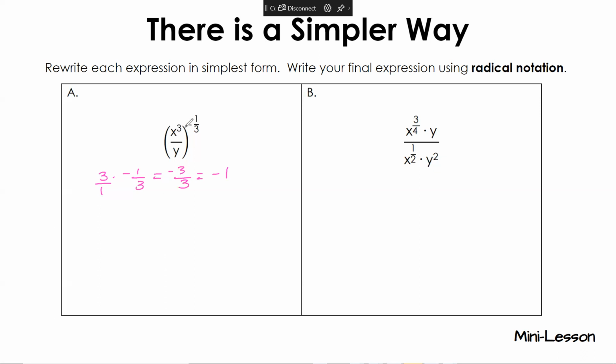So I'm going to rewrite this x as x to the negative first. We're also going to raise that y to the -1/3 power. What do we know about negative exponents?